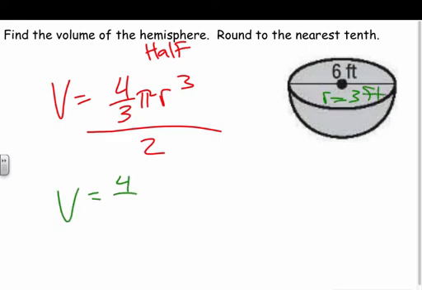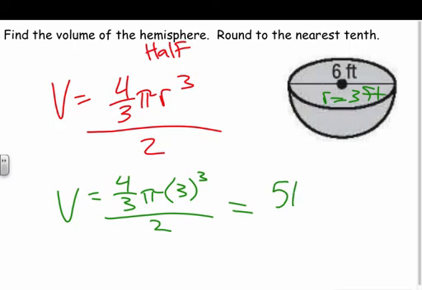So we're taking 4/3 pi times 3 cubed and then dividing that whole thing by 2 to find half of the sphere. So the same thing, I'm just typing it in. Just be careful when you type it in. And we end up with 56.5 feet cubed.